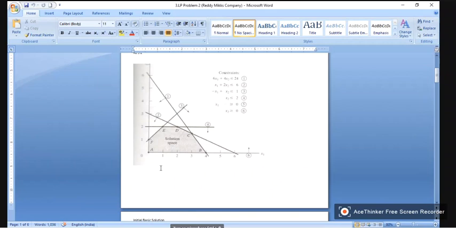Okay. So simplex method moves, I mean, all these 3 points are the corner points of the solution space. So simplex method moves from one extreme point to another extreme point. You can observe that we are not coming this way.